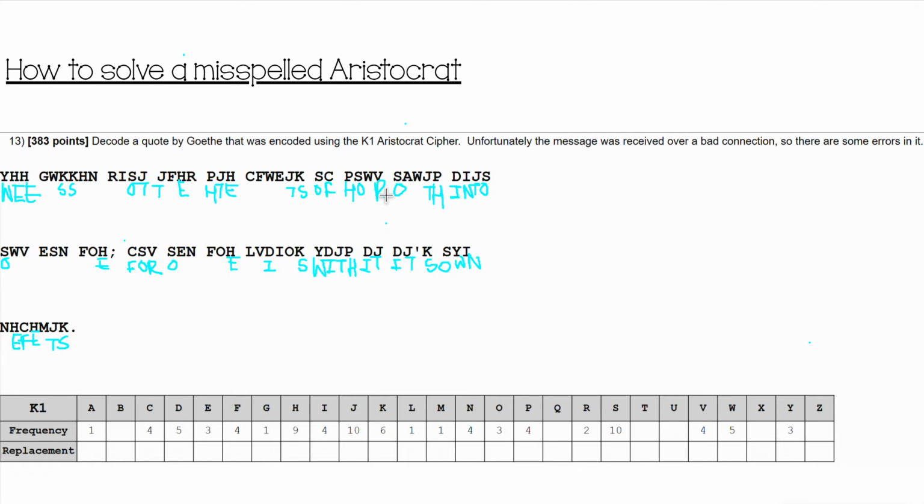Over here, I think this could be U. I think U would work, because I think it actually meant O-U-R instead of with the H. That's where the misspelled part is. It's not necessarily actually misspelled, but it's just misspelled in the certain context of the message.